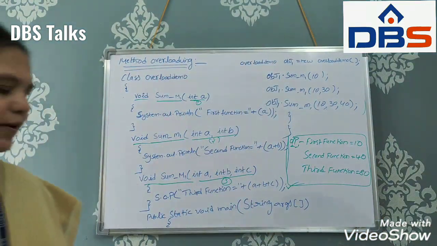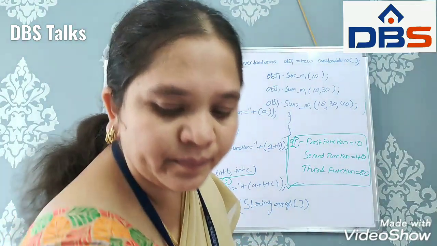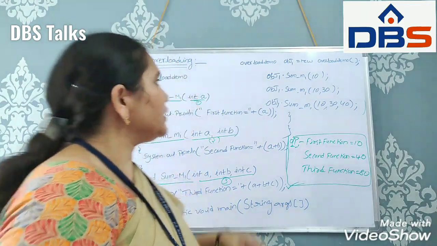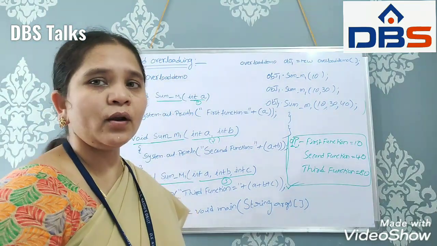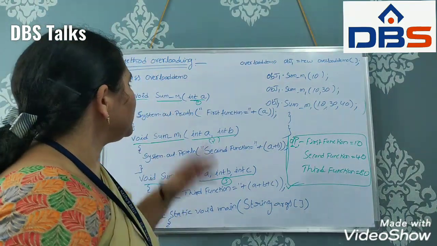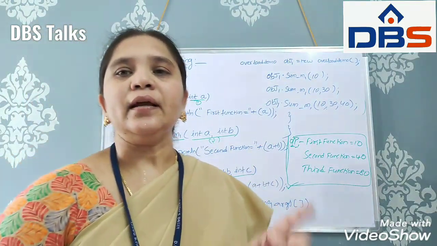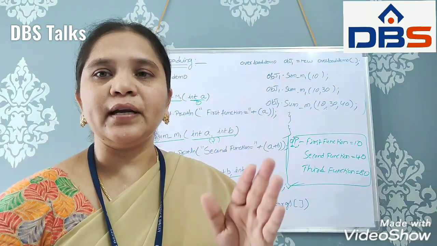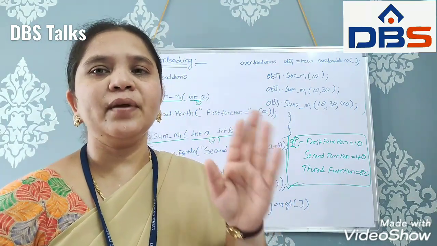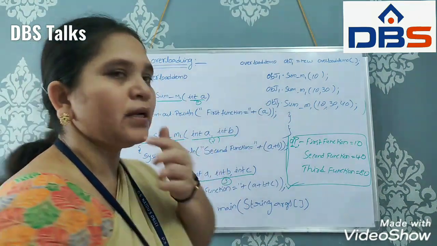Okay, so these are the various outputs we will get while changing some instructions. This is the best example for method overloading. That means implementing the same thing in different ways with the same name and different signatures. Same name means the same method name, sum_m1.